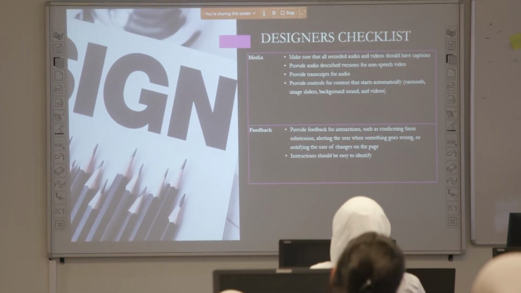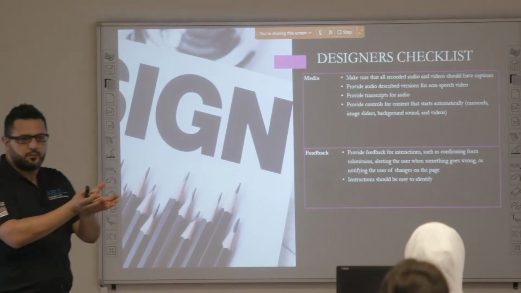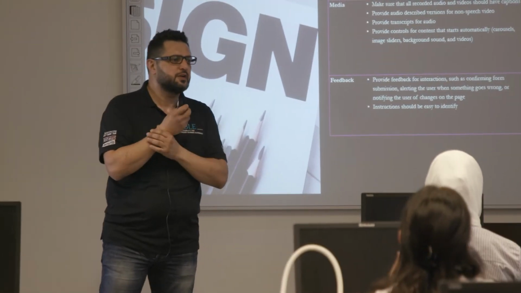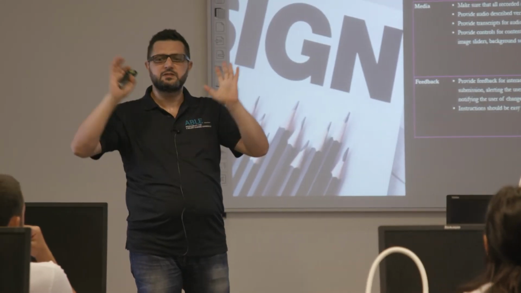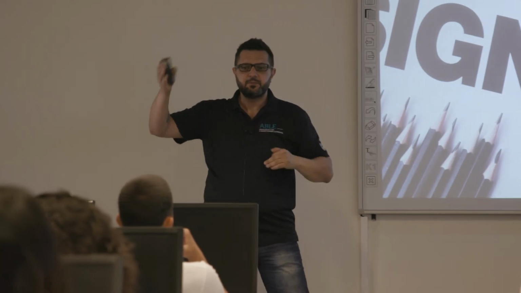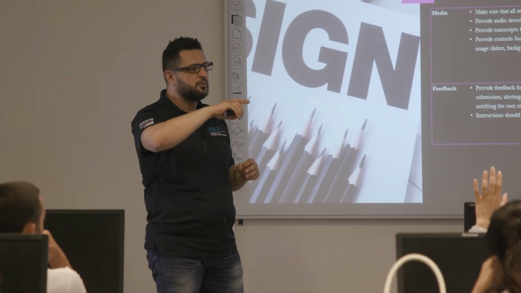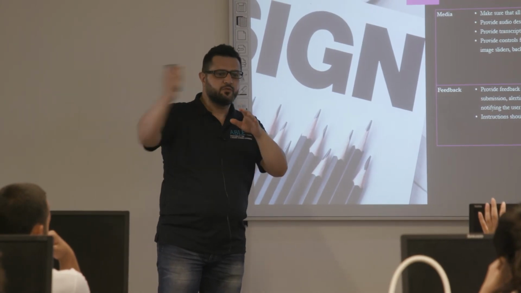We need to provide controls for any video that is available on our digital content. Why do we need to provide controls? By controls, I mean, for example, play, pause, repeat, volume, progress bar, so if someone wants to repeat.